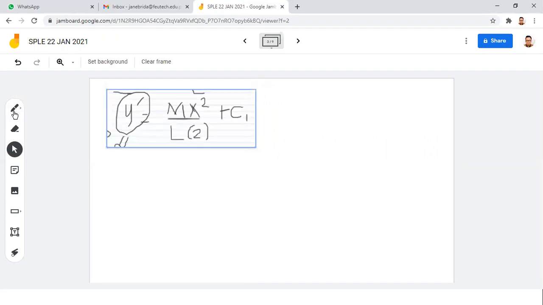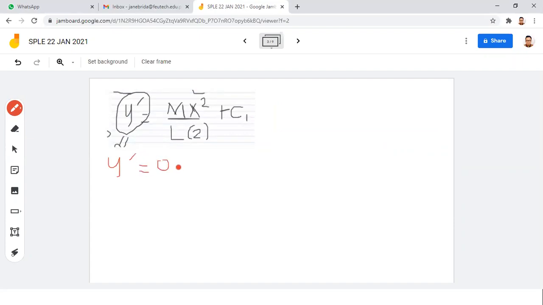So when y prime is equal to 0, that is the maximum deflection. What is x? We substitute y prime equal to 0. You have mx squared over 2L, and then earlier we computed C1.